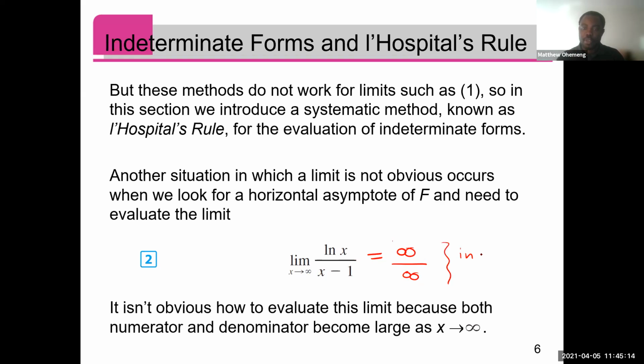But this is also an indeterminate form, and unlike the rational function where we could divide by the greatest power of s in the denominator, even if you divide here, you're going to get ln of x over x, all over 1 minus 1 over x. Now this one will go to 0 for sure, no problems, so that we have 1 here.